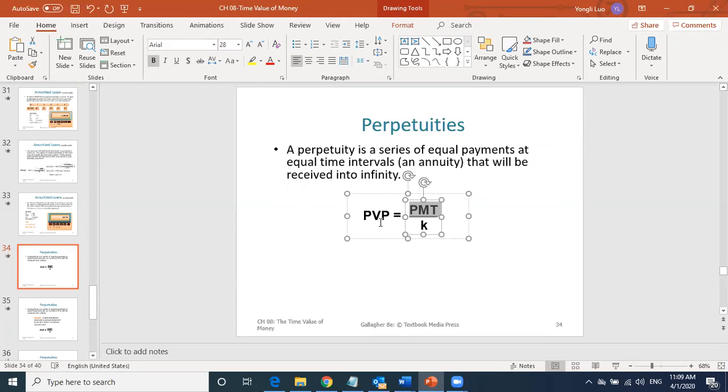So we use this perpetuity model to price preferred stock. This is the present value of the preferred stock or perpetuity.